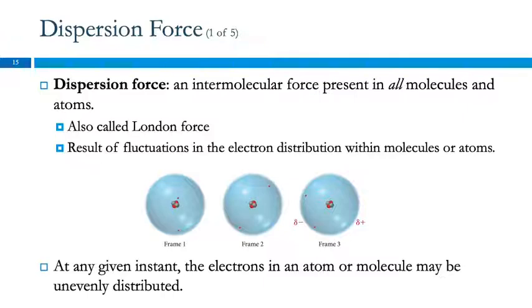Dispersion forces are the result of fluctuations in electron distribution within a molecule or an atom. So here we have an illustration of a helium atom. We've got 2 protons and 2 neutrons in the nucleus, and we have 2 electrons. And this is the 1s orbital, and those 2 electrons are a standing wave in that shape.